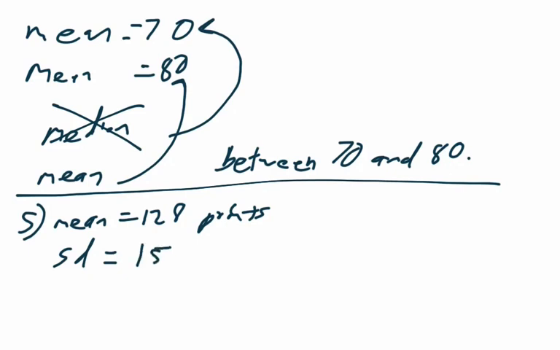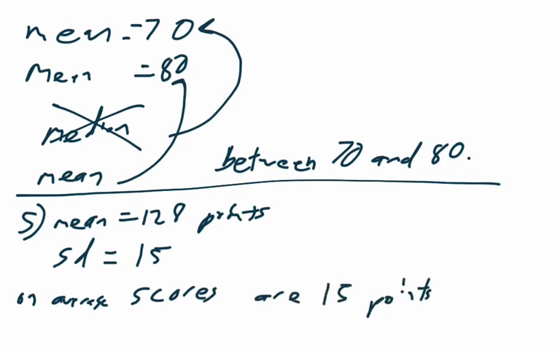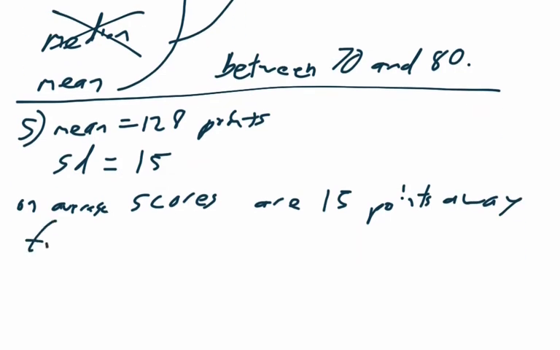And so the question becomes, what does the standard deviation mean? And the standard deviation means on average scores are 15 points away from the mean.